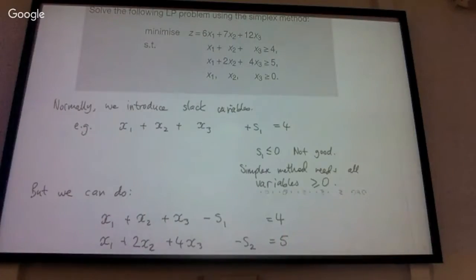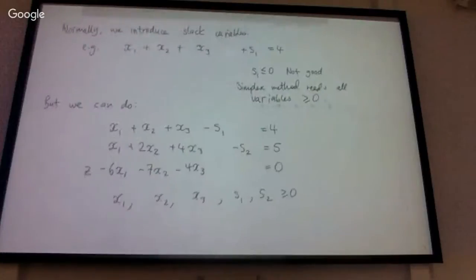There's no problem with the objective. Now we have x1, x2, x3, s1, s2 non-negative, and we like that.